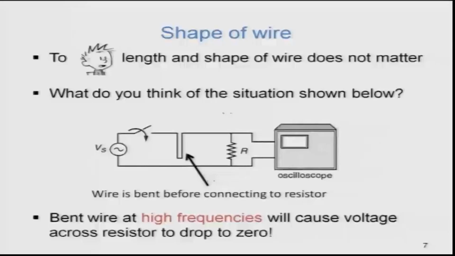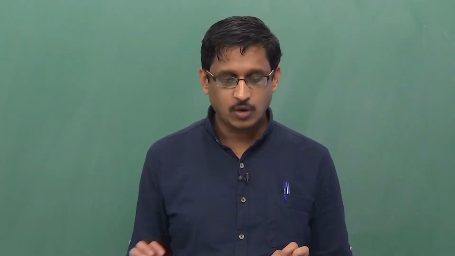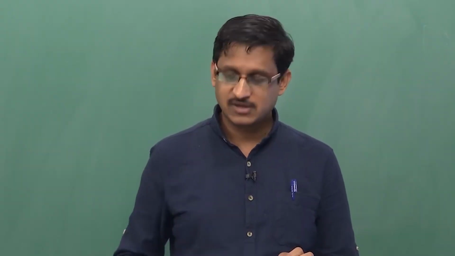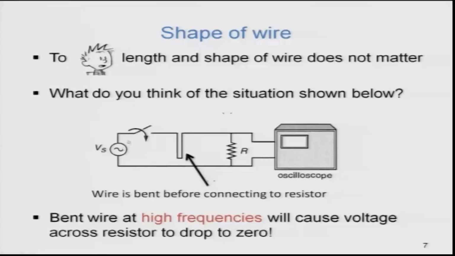So, this time we change the hypothetical experiment, which you of course also can perform in the laboratory, to a slightly different thing. Now, we know from circuit theory that length and shape should not matter, but what I do is I take the same sinusoidal signal source, okay, and then I have a switch here, I close it at t equal to 0, but then instead of sending one wire without any change, I bend this wire before connecting to the resistor.